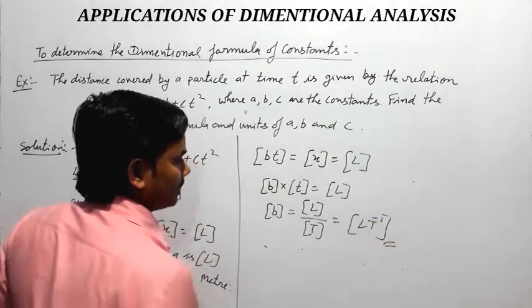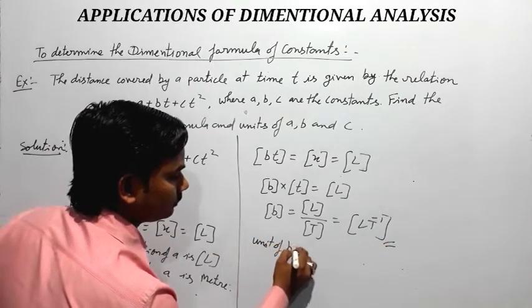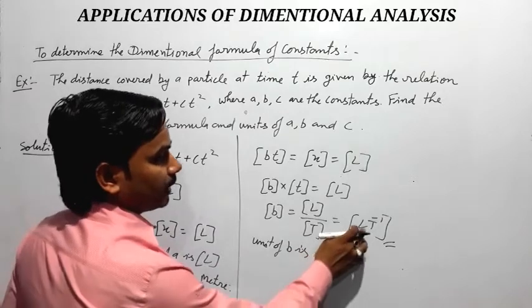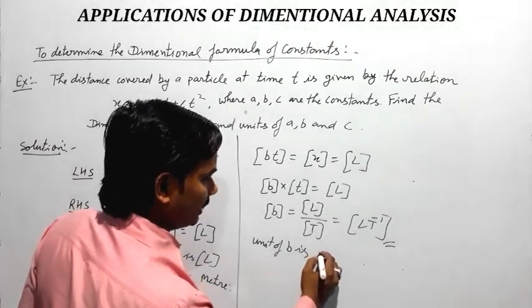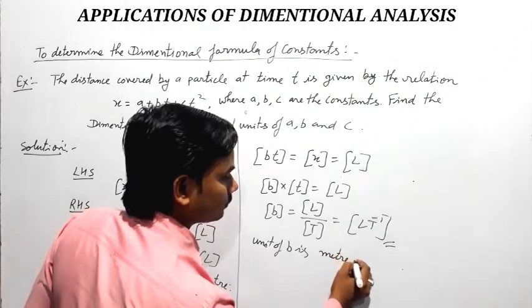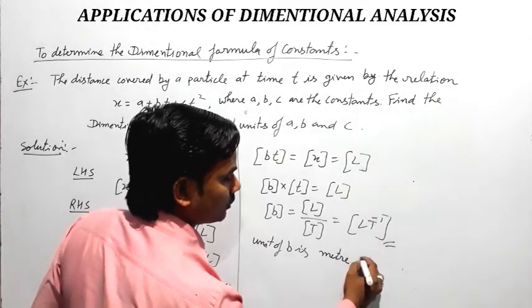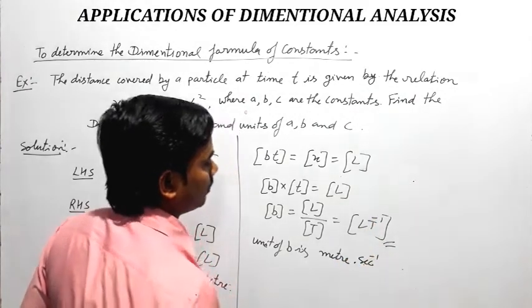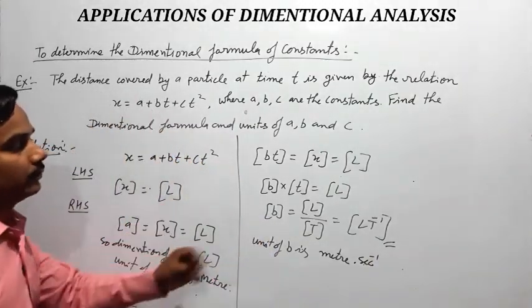This is the dimension of b, and the unit of b is: L is taken as meter, time in second, so meter into second inverse, or we can say meter per second. This is the dimension and unit of b.